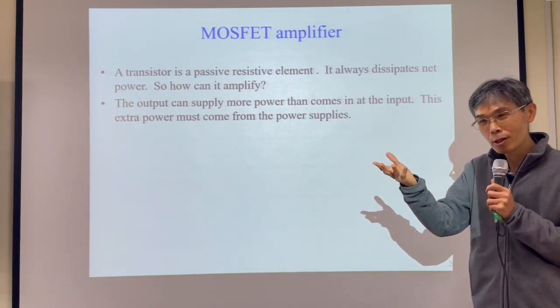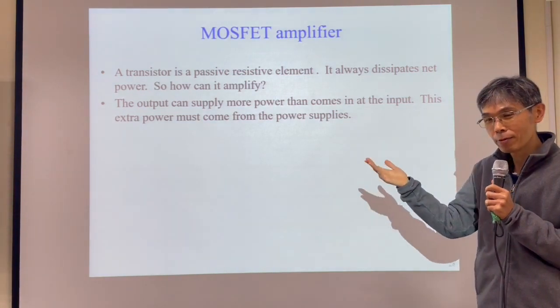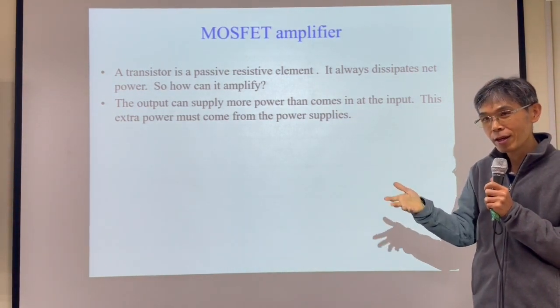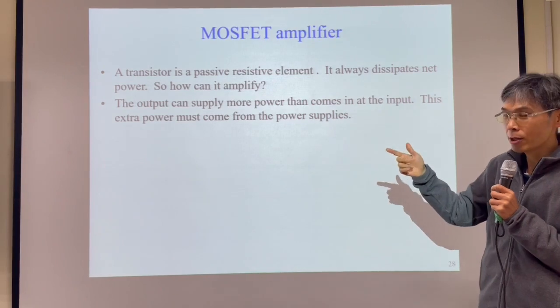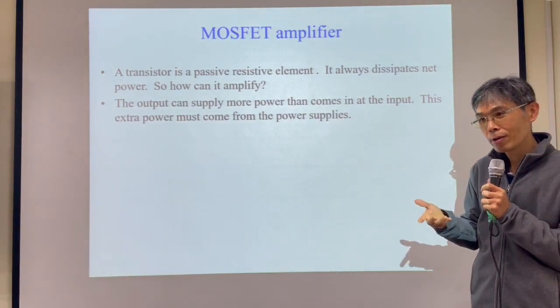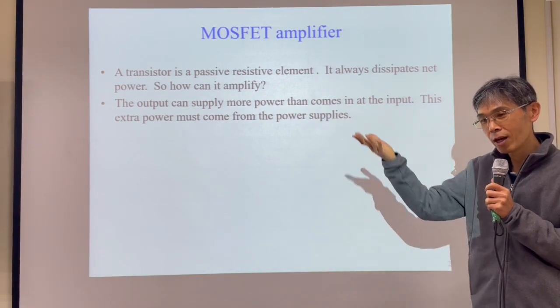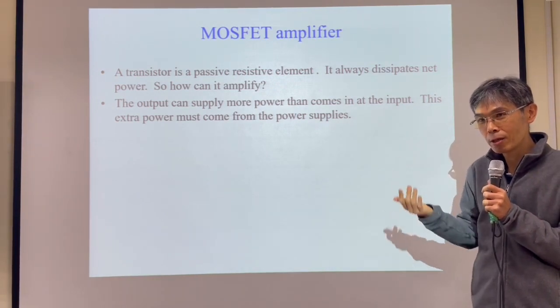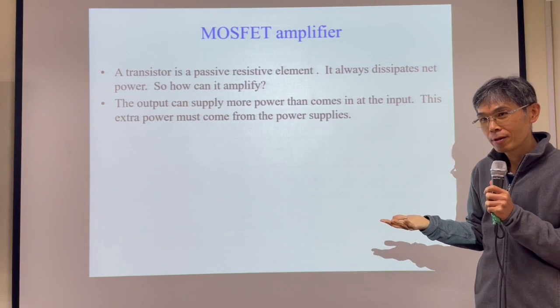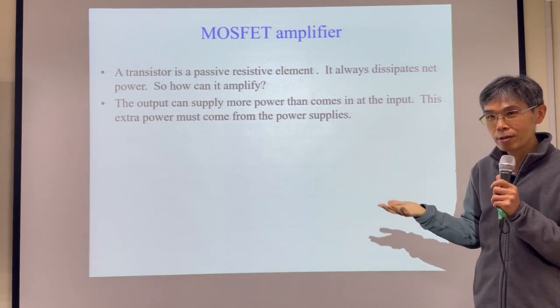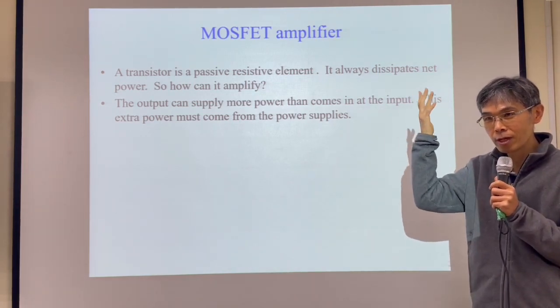It's the operation region of the amplifier, but it didn't answer the question: small voltage in, high voltage out, or small current in, high current out. How can it be this way? Just a very simple, straightforward answer.